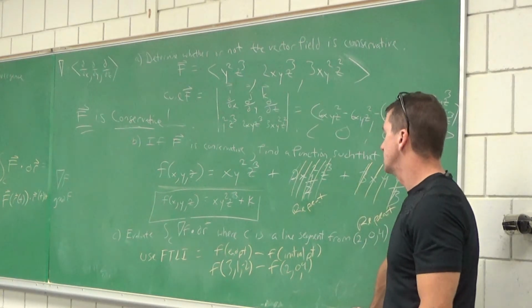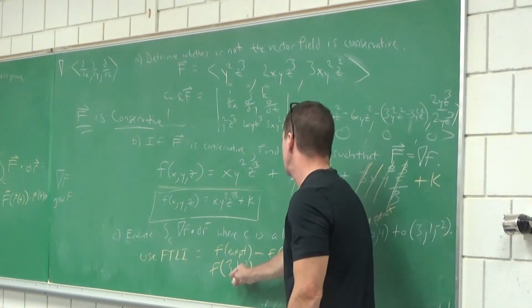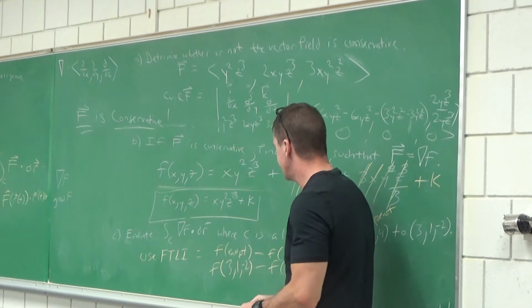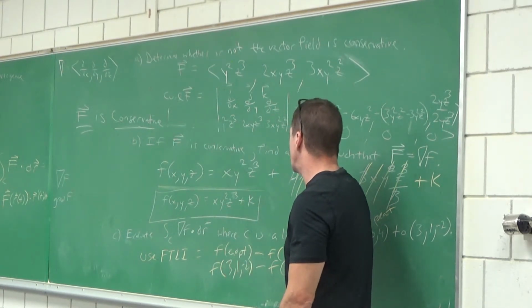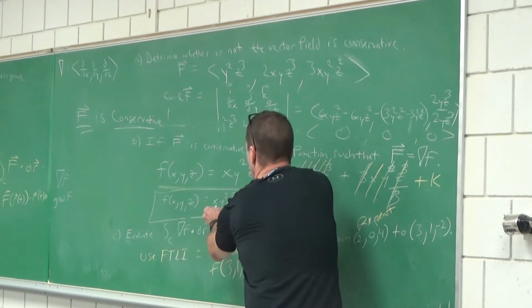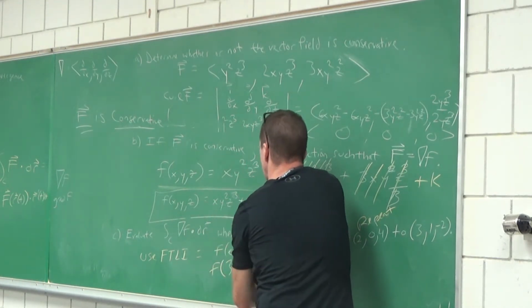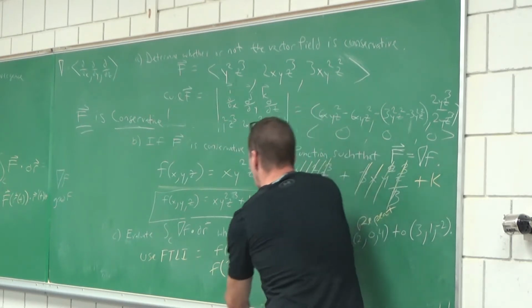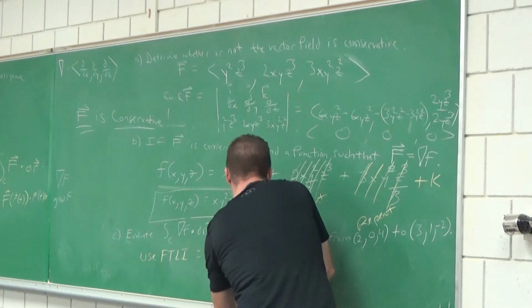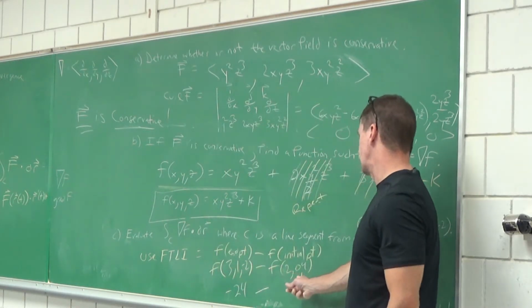What do y'all get? Plug it in. You go right in there. What's 3 times 1 squared times negative 2 cubed? Is that negative 24? Yeah? Okay. This looks easier to plug in because of the 0.